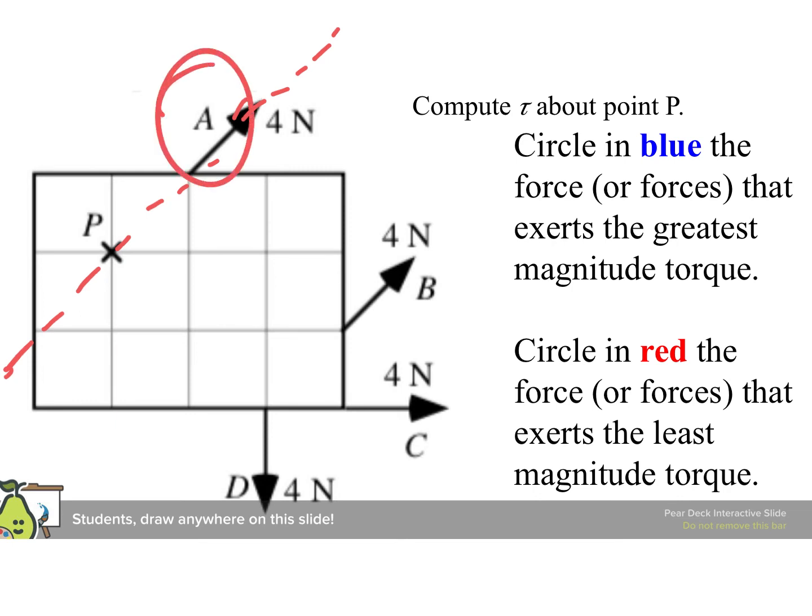For the other guys, we're going to have to actually find their lines of action and see what comes out. Remember that tau is going to be r perpendicular times F, but the F's are all the same, so tau is going to follow the same order as r perpendicular. We just need to find how big the moment arms are. So let's work backwards. Let's take D. D's line of action is like this, so D's moment arm is 2.